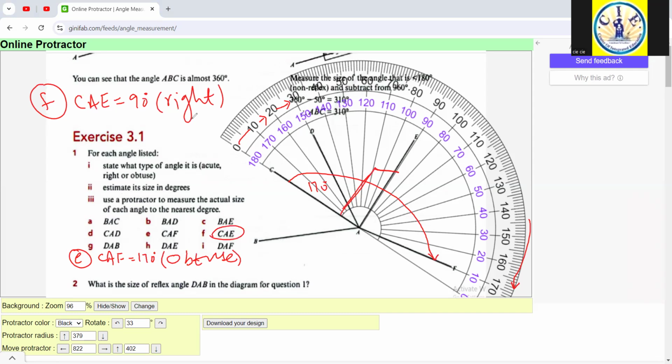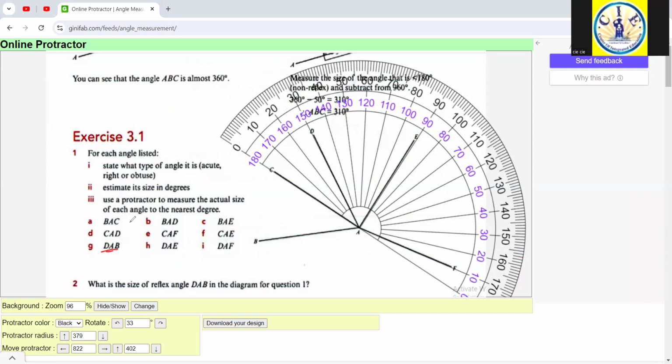Then part G, DAB. This is the angle we need to find out.